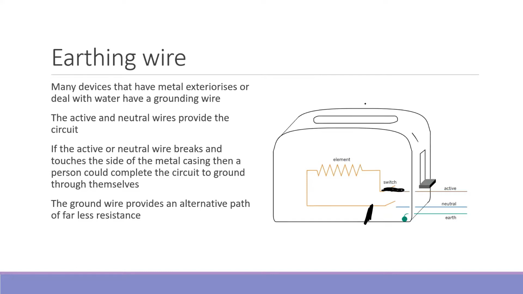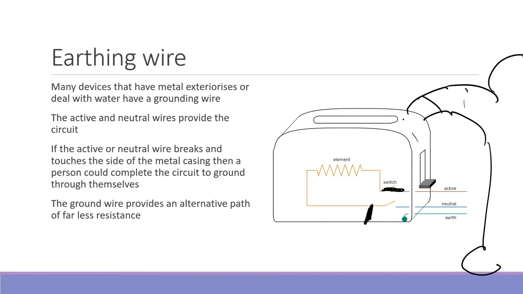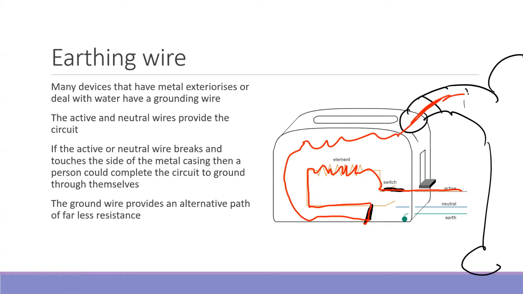So if you come along and you're standing here, and you put your hand on the toaster, you then provide a path for that electricity to go. That electricity can go through the toaster, out through this broken wire into the outer coating of the toaster, through your arm, through your body, and then it's into the ground.